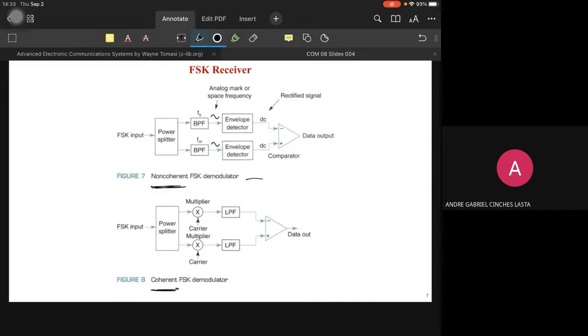Ang non-coherent FSK demodulator is siya ang mag-handle sa asynchronous na modulation. Asynchronous.